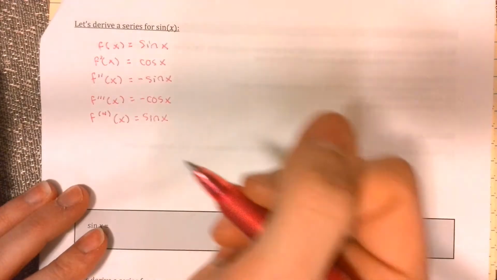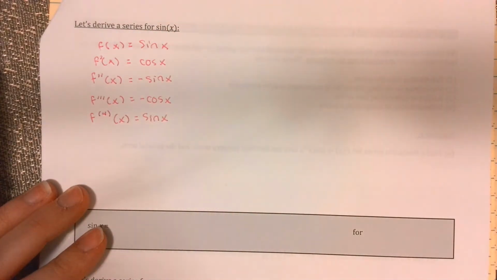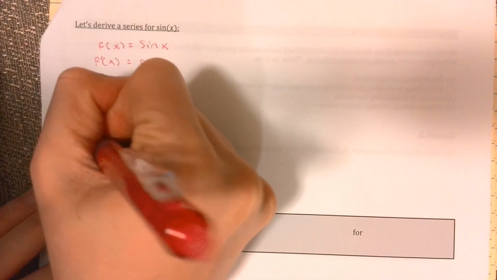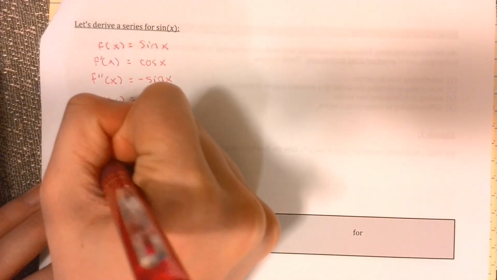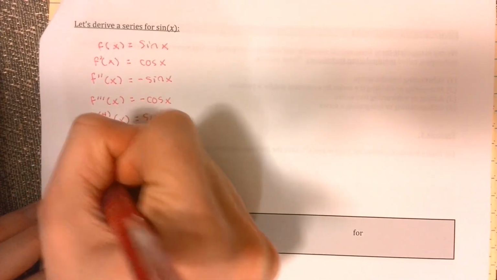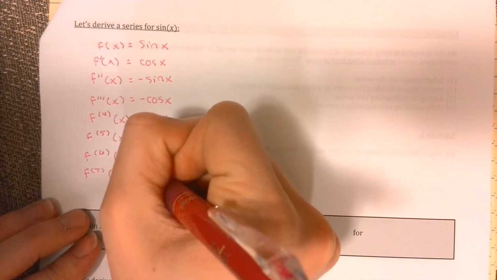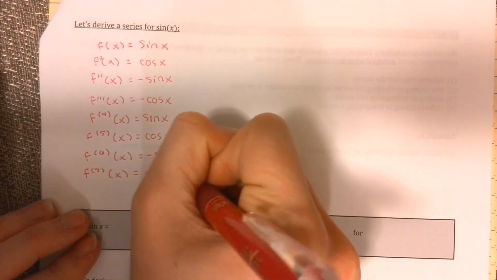I'm going to do 2 more. The fifth derivative is cosine. The sixth derivative is negative sine. And the seventh derivative is negative cosine of x.